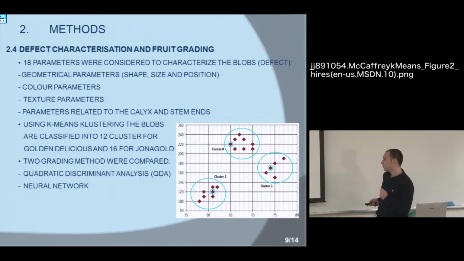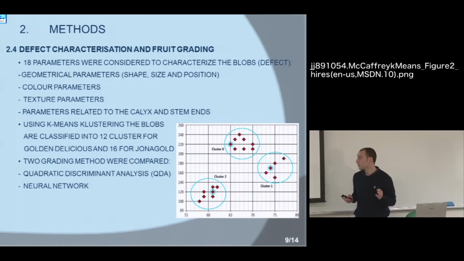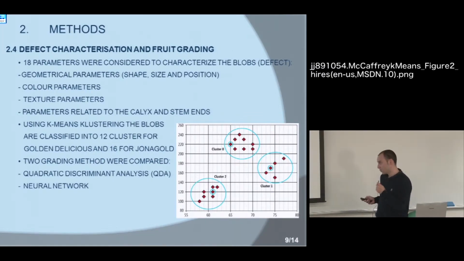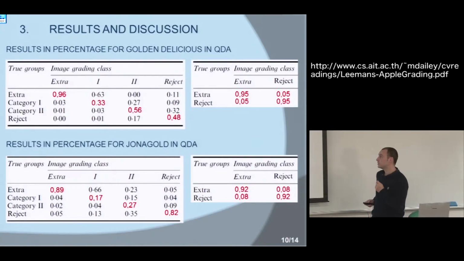In the end, we use 2 kinds of grading to perform this model. We use quadratic discriminant analysis and a neural network, and we compare these 2 models. So this is the result. In the upper part, we speak about Golden Delicious. As we can see, we have a good grading in the extra quality.